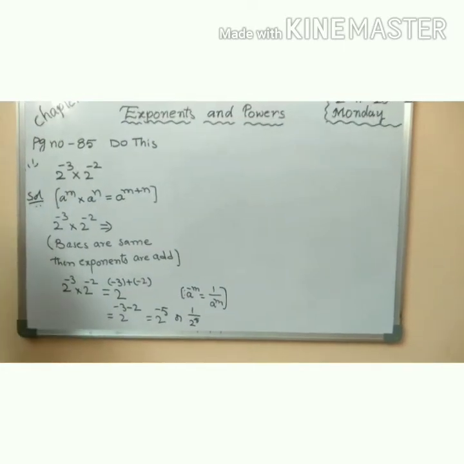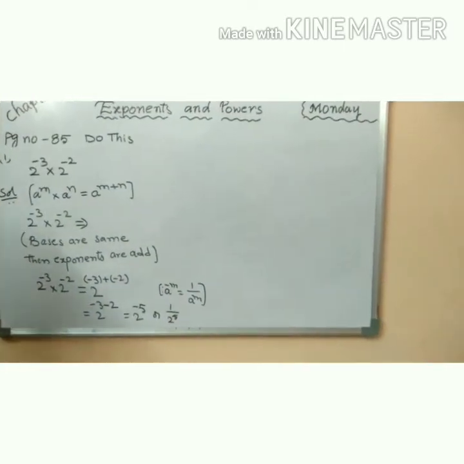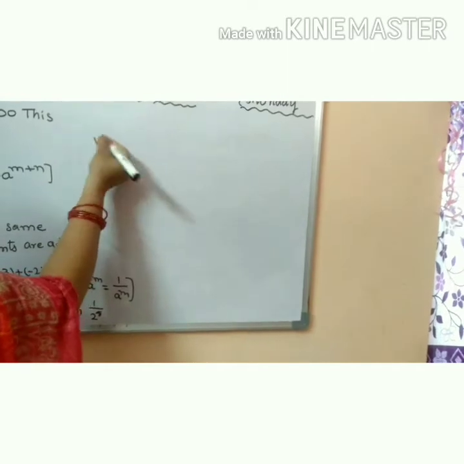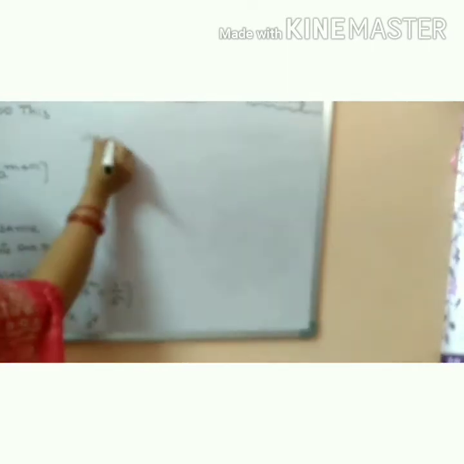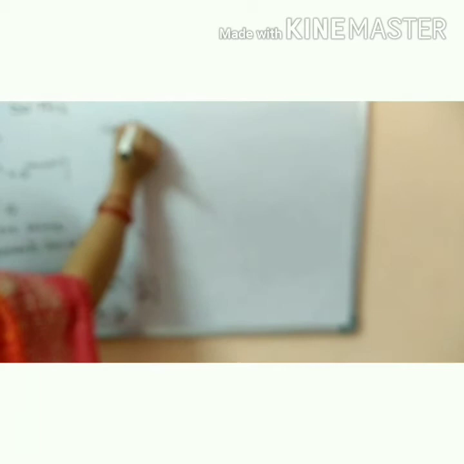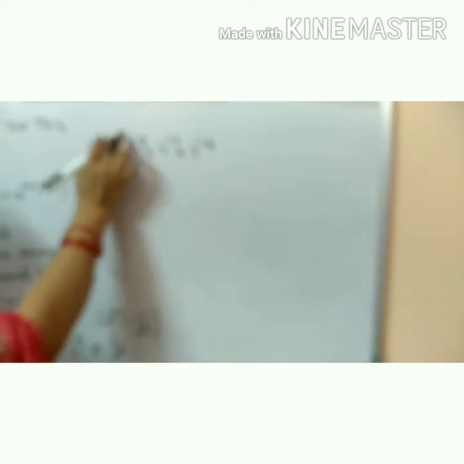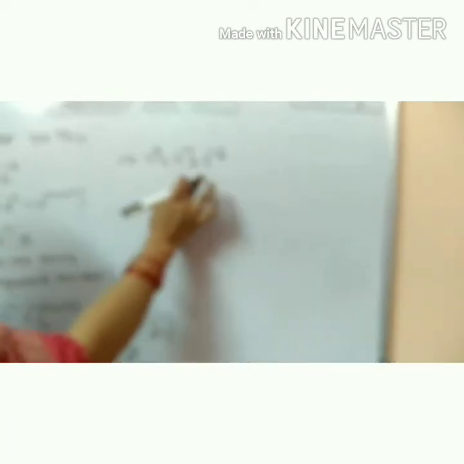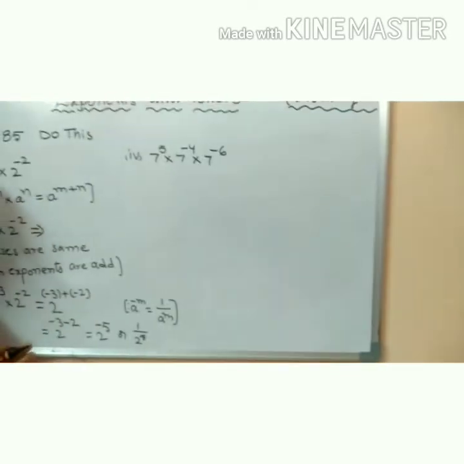Next in this, do the fourth problem: 7 power 5 into 7 power minus 4 into 7 power minus 6. Fourth problem, 7 power 5 into 7 power minus 4 into 7 power minus 6. Okay.